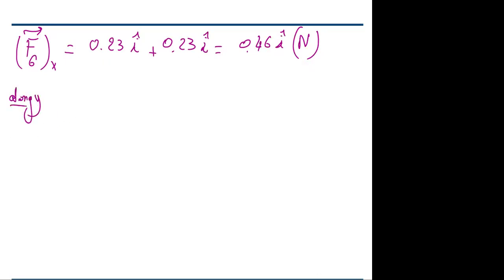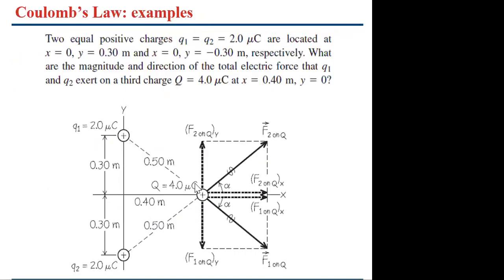Before going through the calculations, let's see this figure. Along y, the first vector F1 on Q has a y component downward. The second vector F2 on Q has a component upward. One upward, the second downward. What about their magnitude? Their magnitude is also the same because we have the same angle.